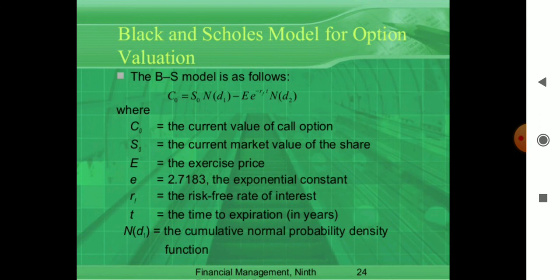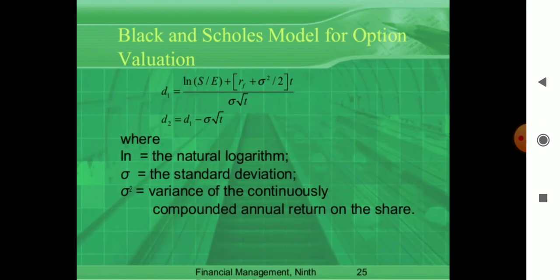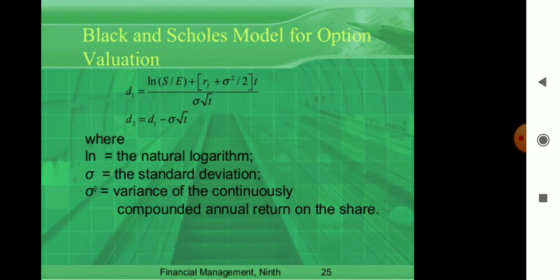The Black-Scholes option valuation formula is C = S multiplied by N(d1), minus E multiplied by N(d2). Once again, C = S N(d1) minus E N(d2). Now we will apply this formula and then we will get the answer. So you don't need to worry. We will work out the problems.